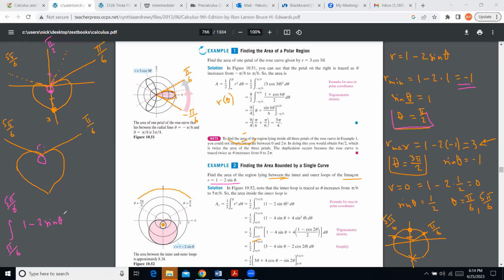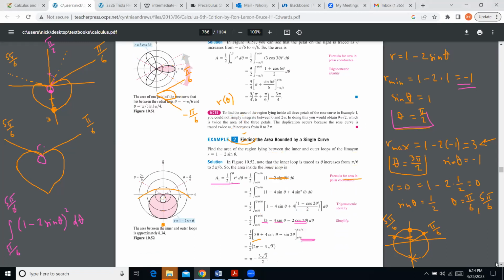It looks like you're going to just have to square this, and you're going to end up with 3 integrals to take: number 1, then 4 sine theta, which is nice and straightforward, and then sine squared that you break as a cosine of doubling. So that's the little one. That's the hole that you will be actually subtracting.